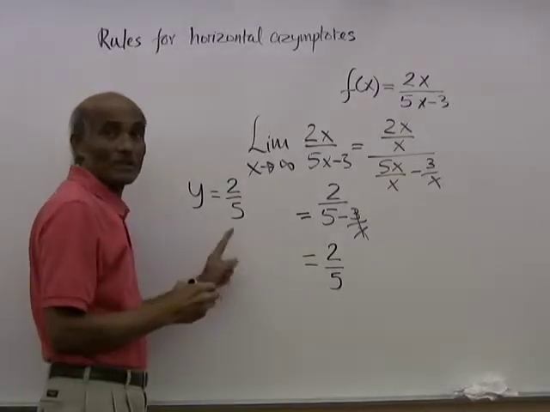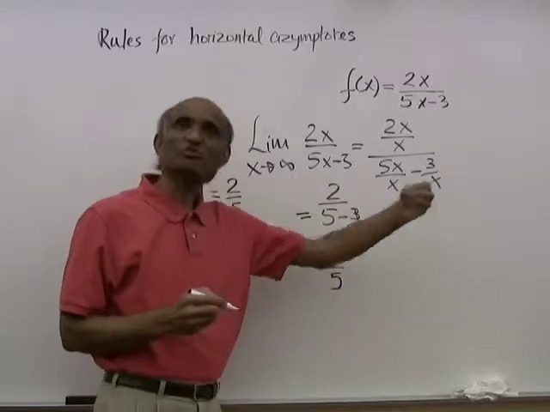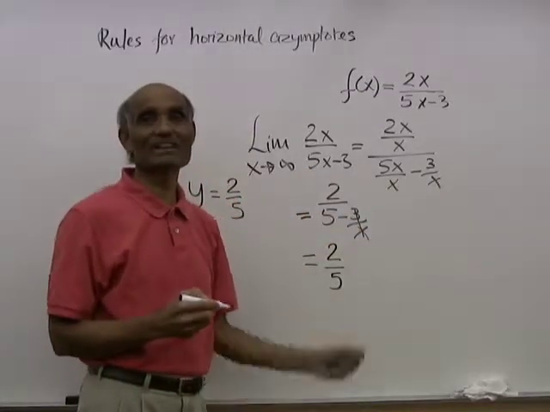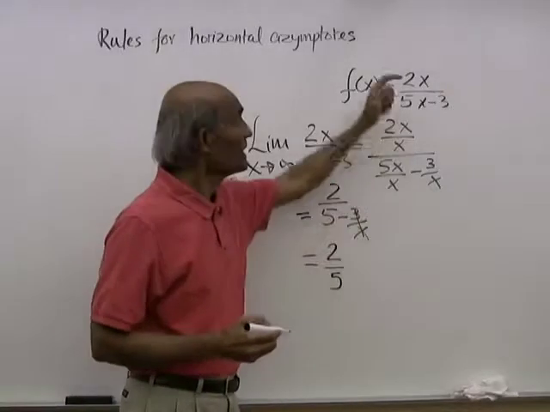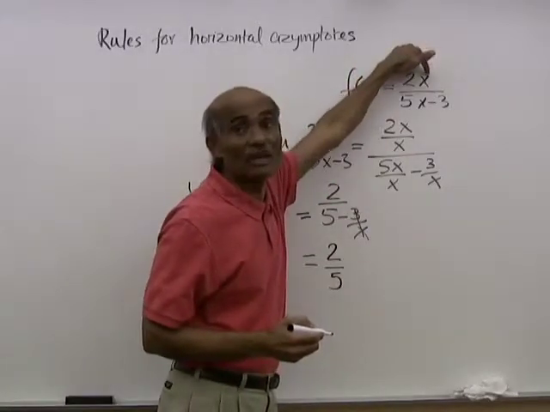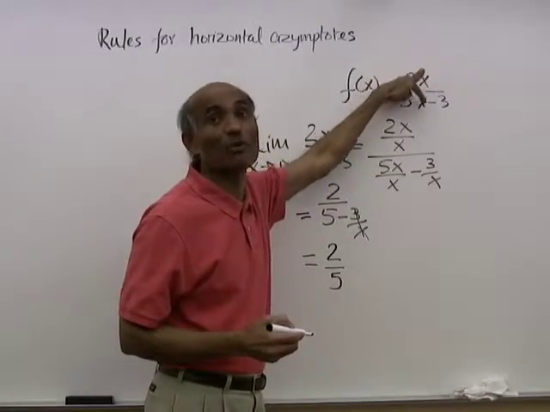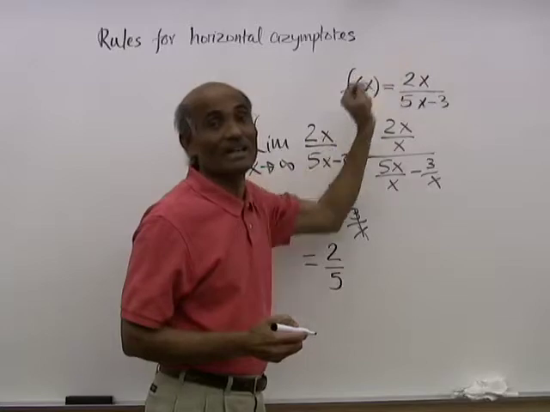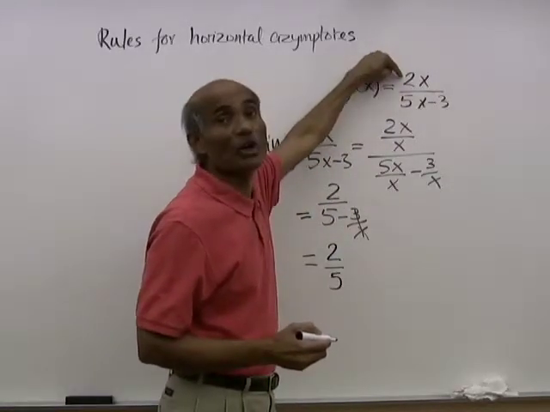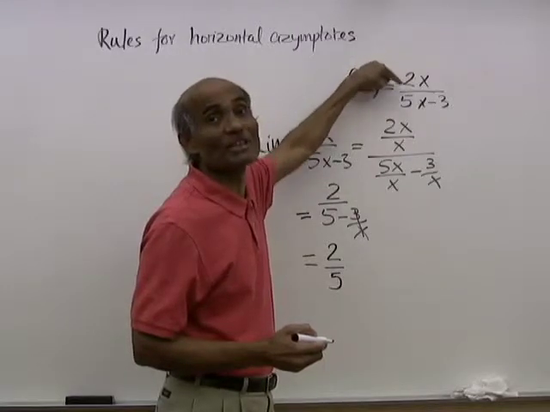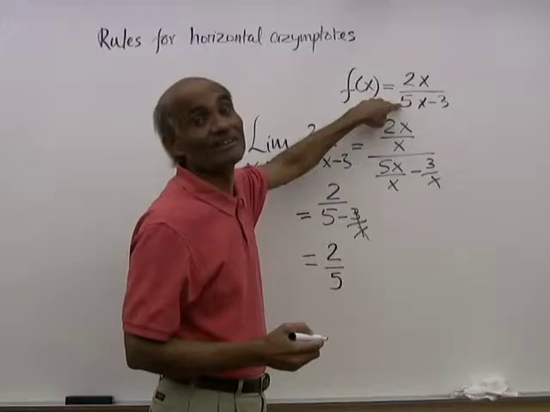Can you look at this and give me a standard rule you can use to find the horizontal asymptote? The rule is, if the degree of the numerator equals the degree of the denominator, they are both 1, is that right? Then the horizontal asymptote will be the coefficient of x in the numerator divided by the coefficient of x in the denominator.